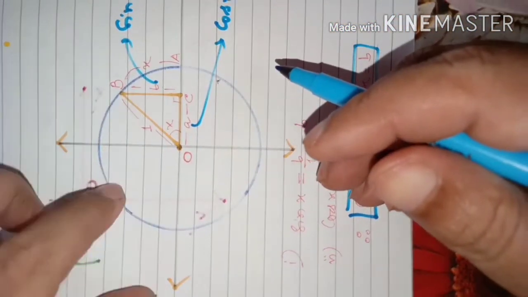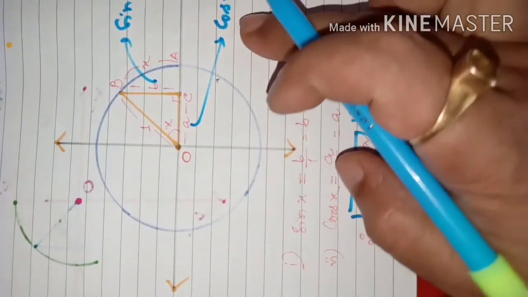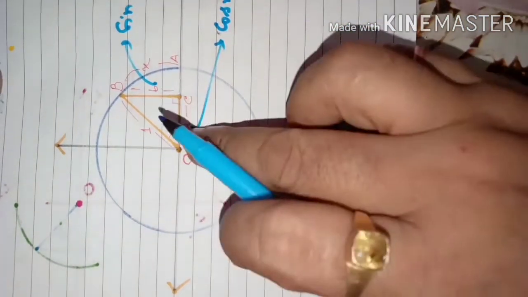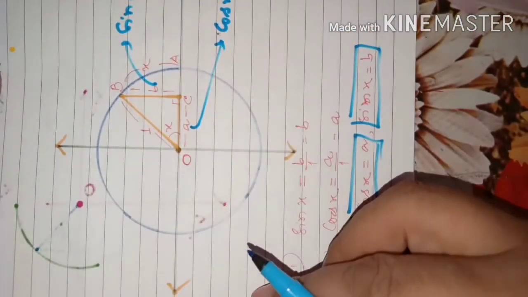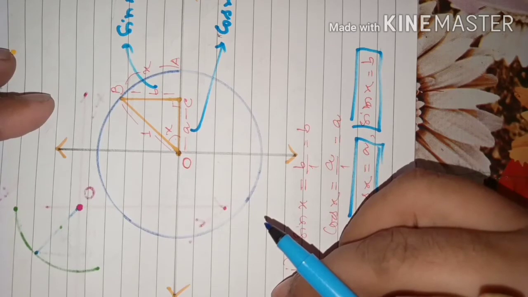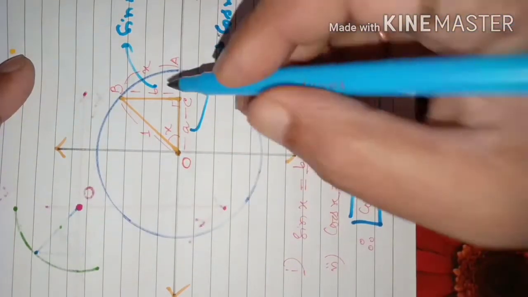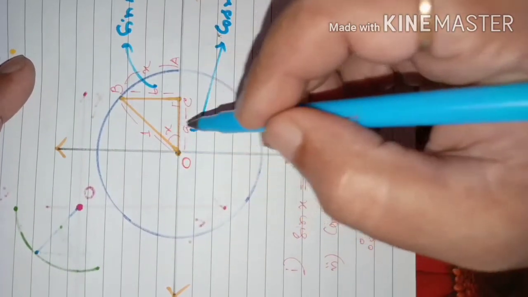The base in the unit circle will be represented by cos. That means the part of the x-axis is cos, and the part parallel to the y-axis will be sin. Got the idea? Here you can also establish A square plus B square equal to 1 square by Pythagoras theorem.